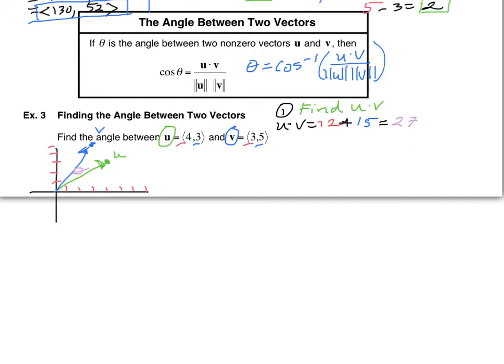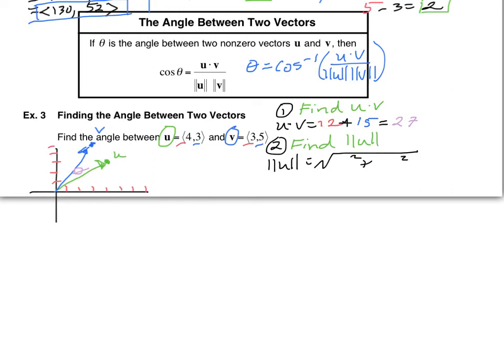The other two pieces I need are the magnitudes of the two vectors. So the second thing I'm going to find is the magnitude of vector u. We've been doing this a lot, so I'm going to square the x's, square the y's, and add them together.